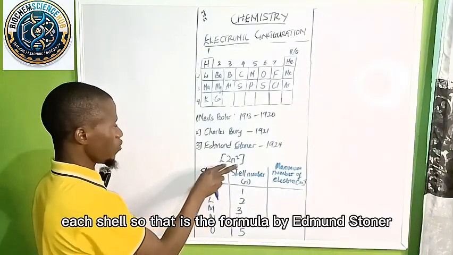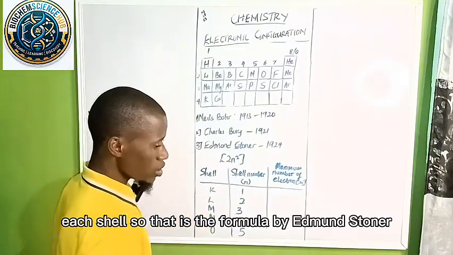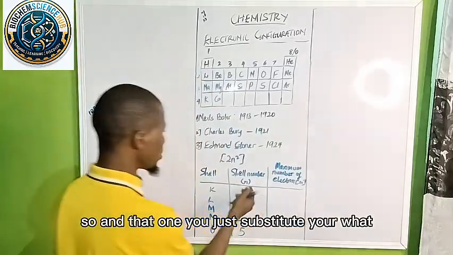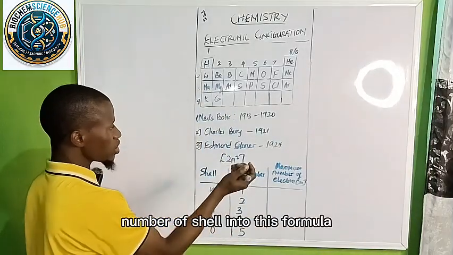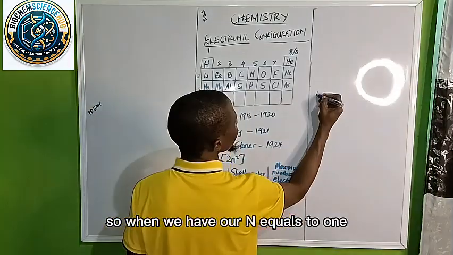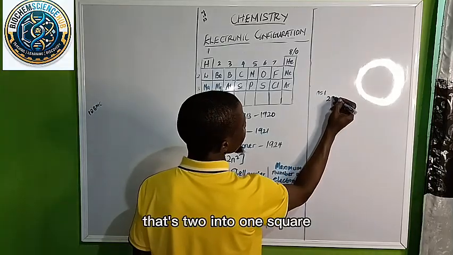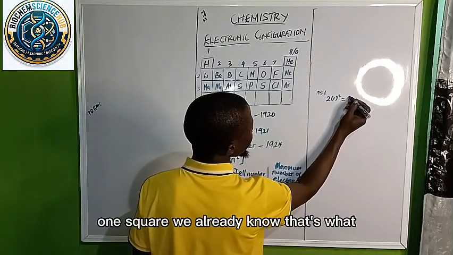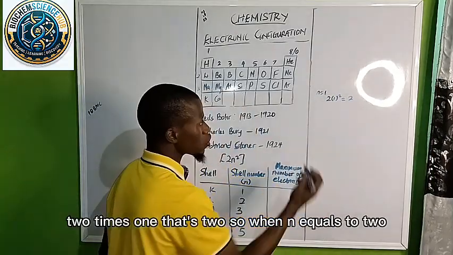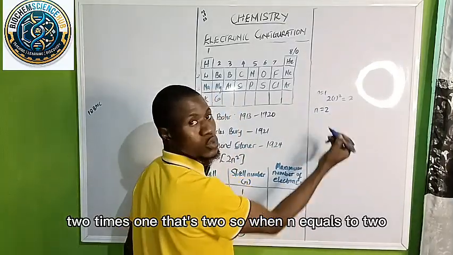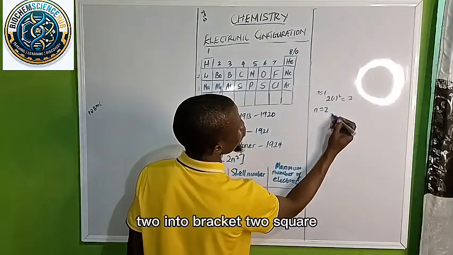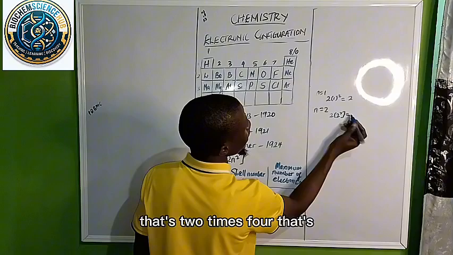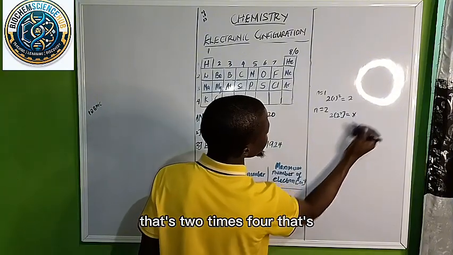That's the formula by Edmund Stoner, and you just substitute the shell number into this formula. So when n equals 1, that's 2 times 1 squared. 1 squared we already know is 1, so 2 times 1 is 2. When n equals 2, we have 2 times 2 squared, that's 2 times 4, that's 8.